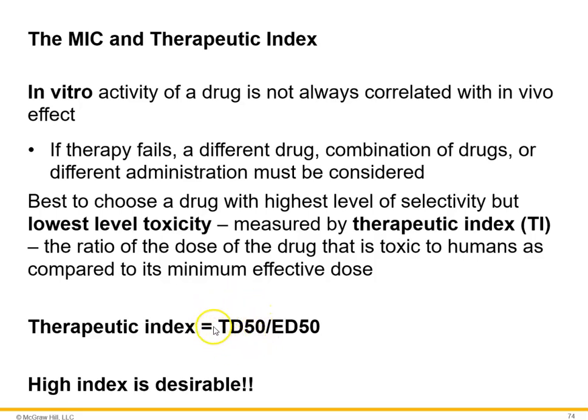That's how big a number you want here. Also, you want a really small effective dose. You want to be able to take the least amount of medication possible in order to have an effect. So remember, therapeutic index, high numbers are desirable. Okay, and that makes sense when you think about it mathematically.